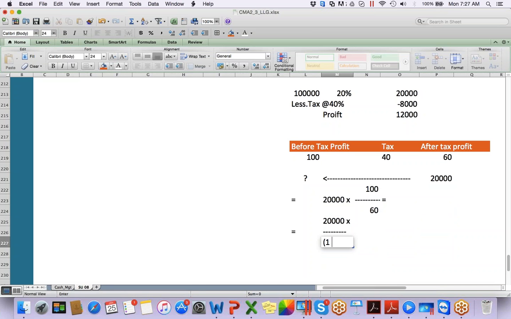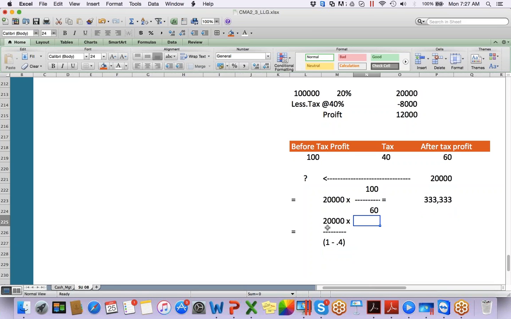This is going to be 1 minus the tax rate 0.4. This will also give you the same amount. Now let us calculate 20,000 divided by 60 times 100. How much is that? You should earn 33,333. Okay.